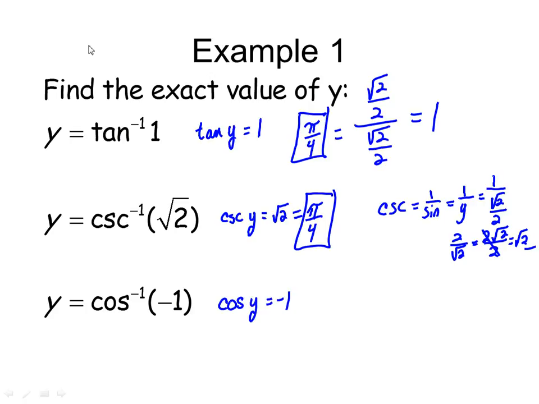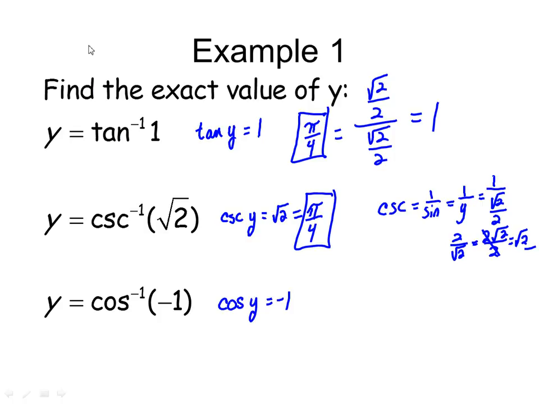Well, cosine is which variable? Which coordinate represents cosine? X. The x coordinate represents cosine. Go around your unit circle and find an x-coordinate that is -1.